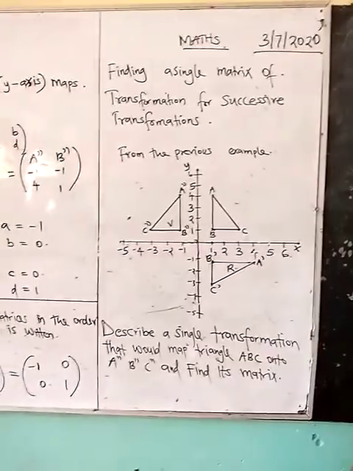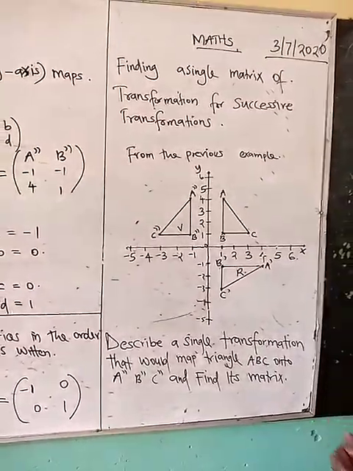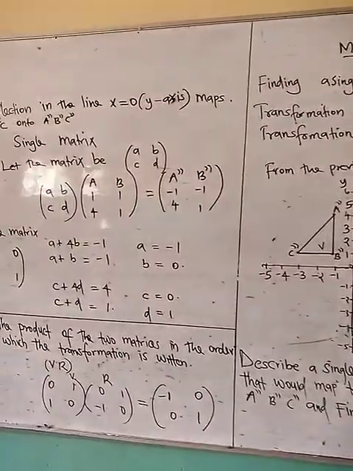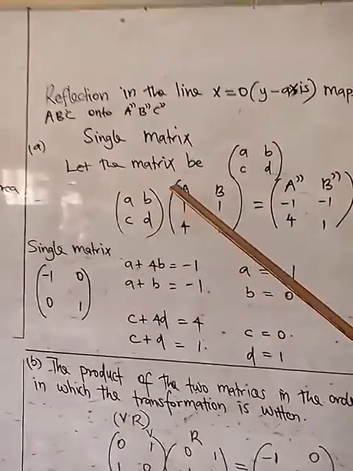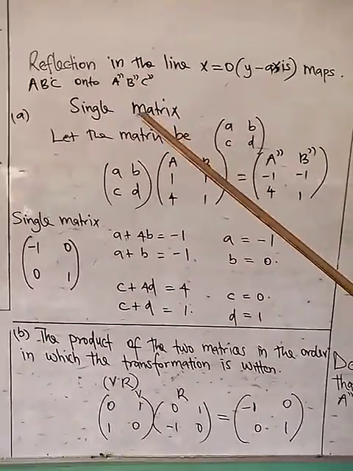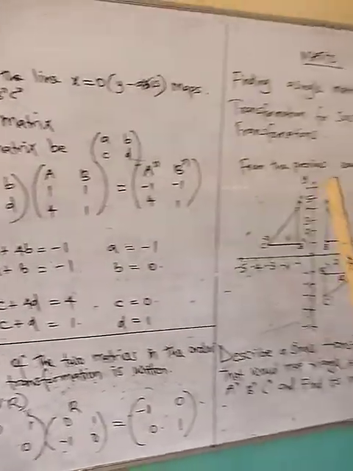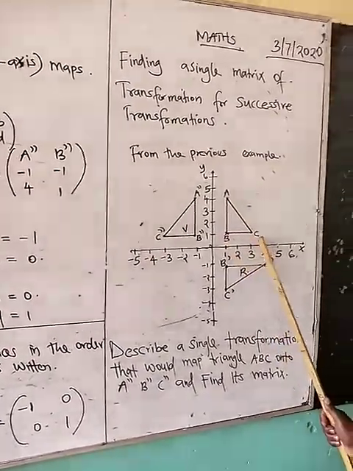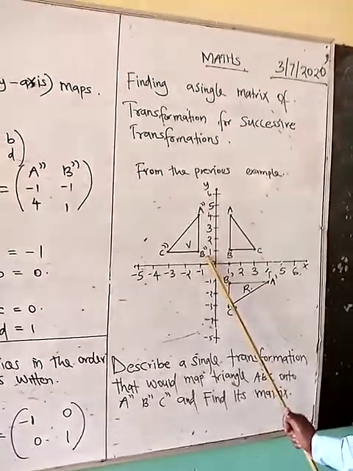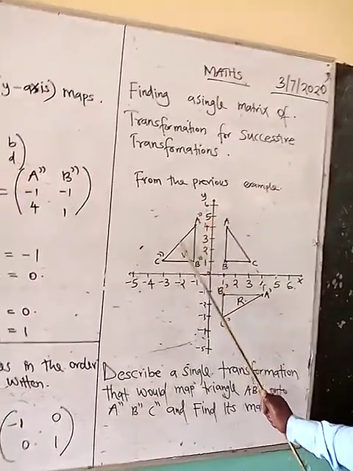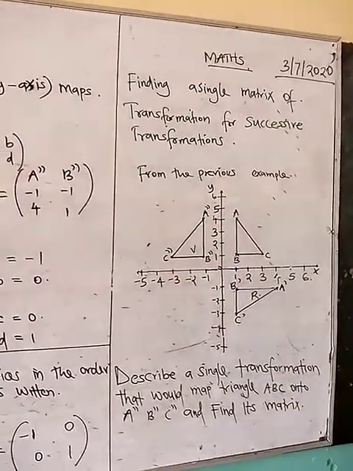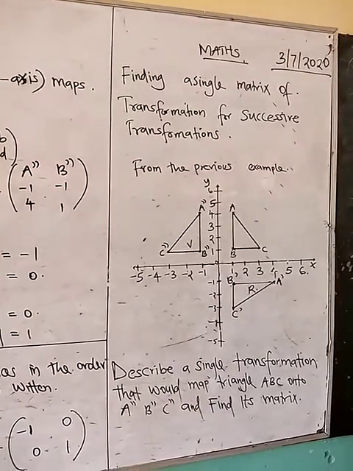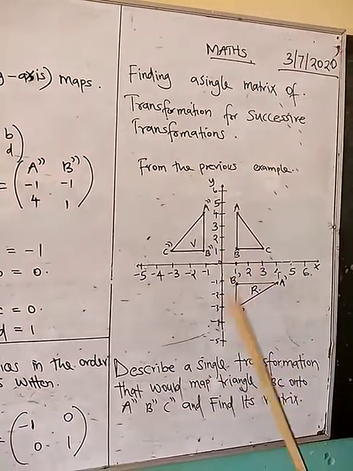Now, for us to find the matrix, we must first note that when you look at the coordinates of A, B, C and A double prime, B double prime, C double prime, you will realize that this is a reflection.